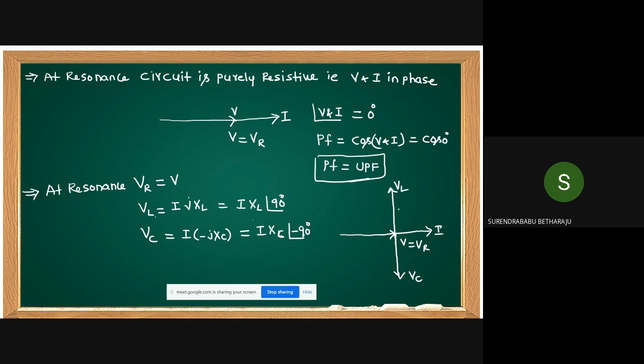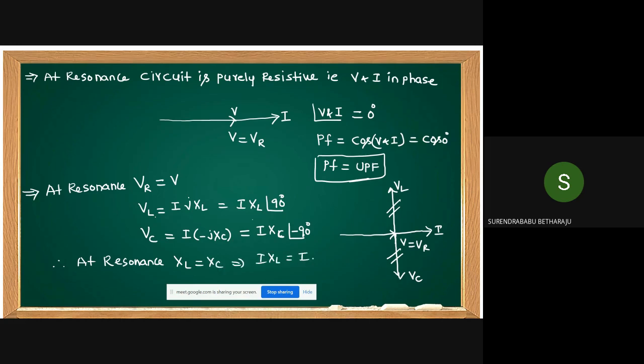This I am writing. But these two are equal. Why are these two equal, students? Because the current is the same, and at resonance condition XL equal to XC. Then what is I into XL equal to?